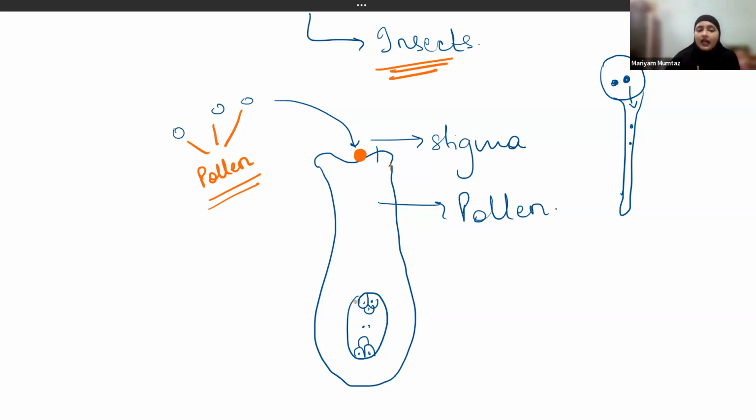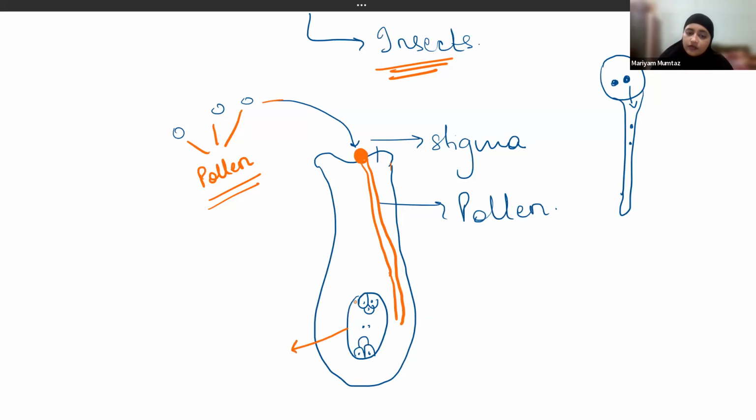Now the pollen grains are brought by the pollinators and it lands on the stigma. After landing on the stigma, there is, you can say, sort of a chemical dialogue between them. The stigma recognizes the pollen and after that, the pollen tube develops. This pollen tube extends through the style and reaches the ovary.